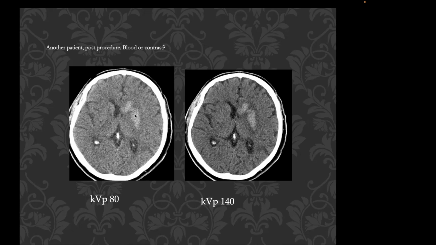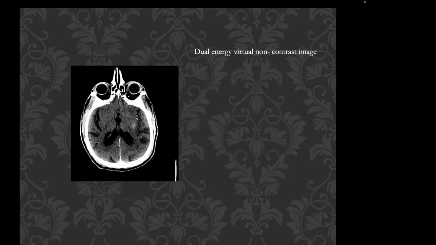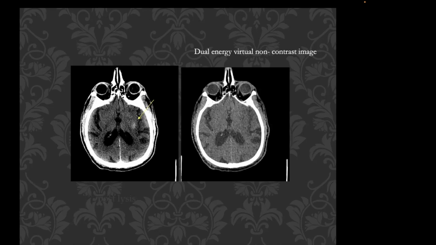How can you tell if it's contrast? What you should expect to see is it should be much more evident at the low kV image than the high kV image, because the absorption of the X-ray is more at the lower kV energies. Another technique that's used is called virtual non-contrast.